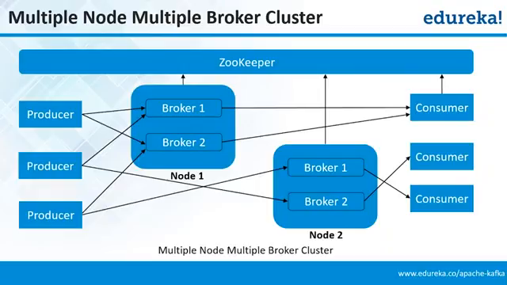So in this model, let me just briefly also touch base. The producer publishes the message to a particular topic partition, and that particular topic partition can be placed on any machine. It could be on node 1 or it could be on node 2. Now here in this model, if we have created a test topic, the test topic data would have been distributed on node 1 and node 2.